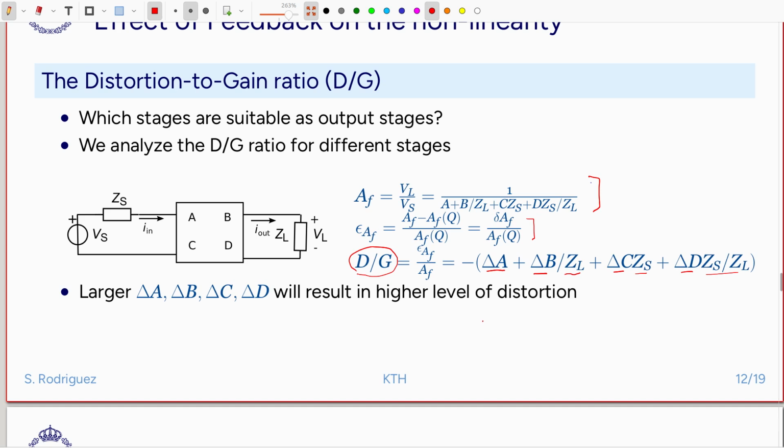The common source stage is probably the best alternative from the differential error to gain ratio, because it has A equal to 0, no, B not equal to 0, but A is close to 0, B is close to 0, C is close to 0. So it has lower values for the ABCD parameters, so it is the best option from the linearity point of view.